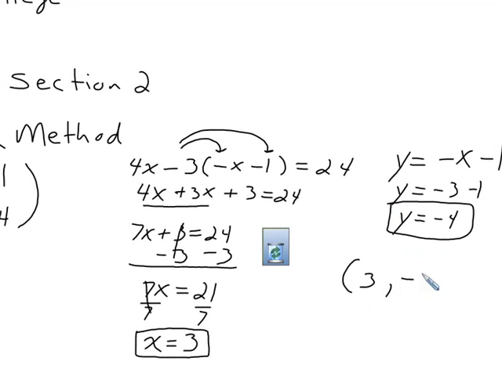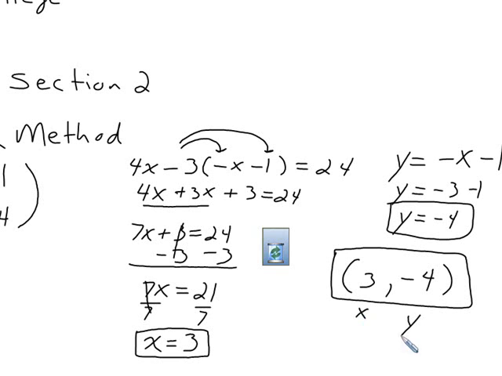Now we do need to write our final answer, which is 3 comma negative 4. There is the answer to our problem. There's where those two lines actually intersect. And do you remember your answers are alphabetical? It's x and then y. Always alphabetical, x and then y.